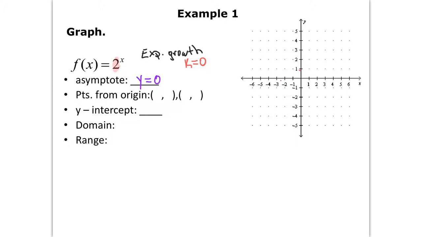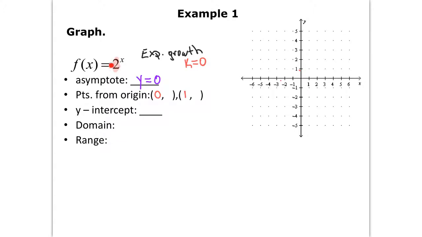Now, for the points we use, for the first point, we have an x value of 0, and for the second point, the x value is 1. If you do not have a k value, you just have the parent function. We don't have an a as well, because there's no negative in front of the 2. Sometimes you have a different number multiplying the base.